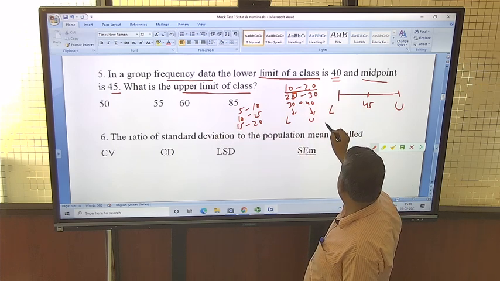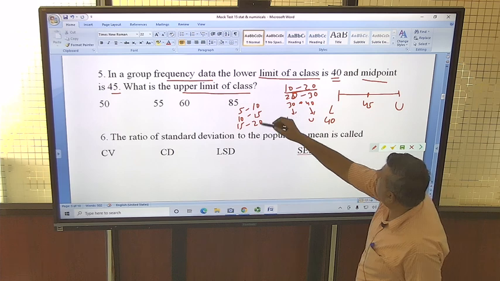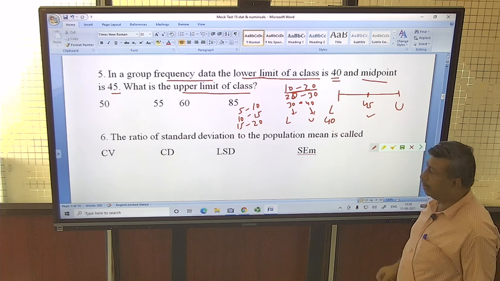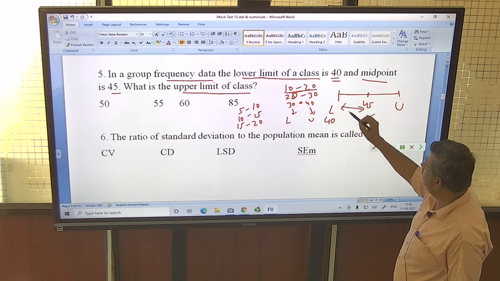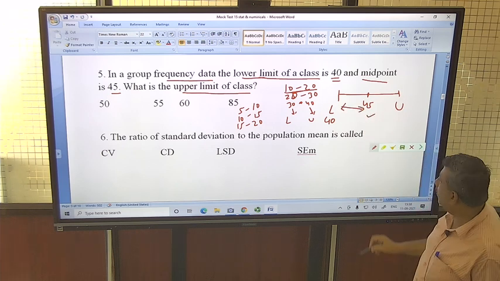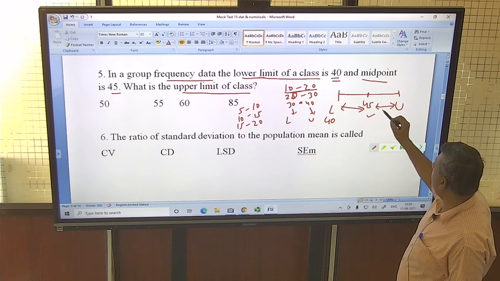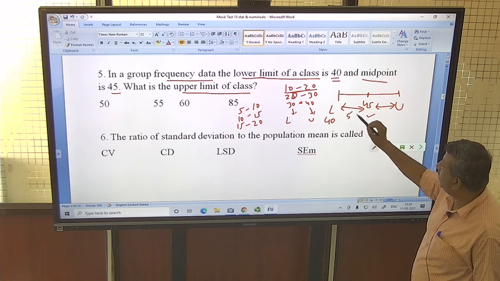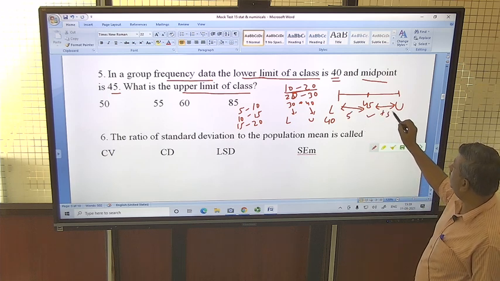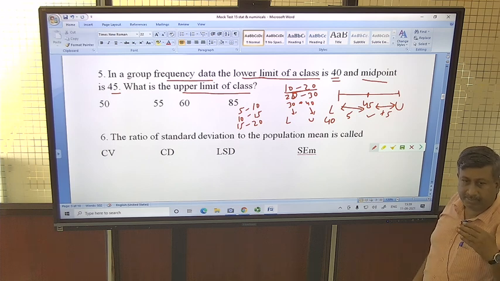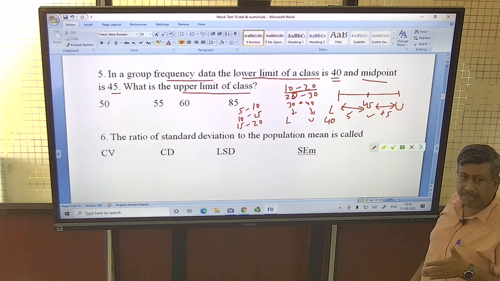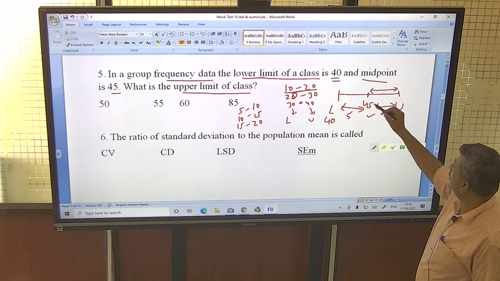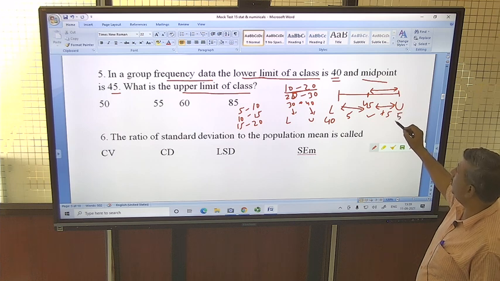The difference between the midpoint and the lower limit equals the difference between the upper limit and the midpoint. So this difference is 5, because the midpoint is in between the lower limit and upper limit. That's why the other difference is also 5. So 40 plus 5 plus 5, that is 50.